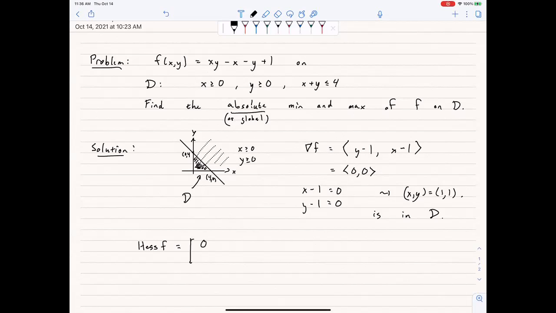The mixed partial is going to be 1. We'll get a 1 here, and we'll get a 0. This is the matrix of second partials. So the discriminant, which is the determinant of this Hessian, is just 0 minus 1. So this equals negative 1, which is less than 0. So if it's less than 0, we know by the second derivative test that this point is a saddle point.